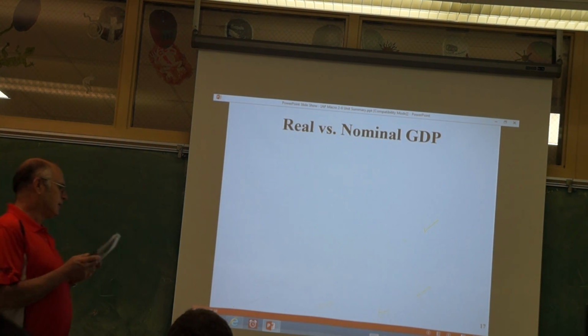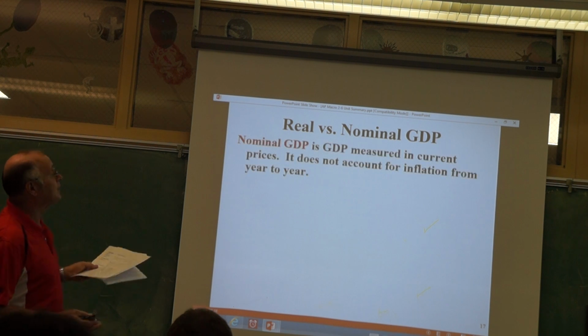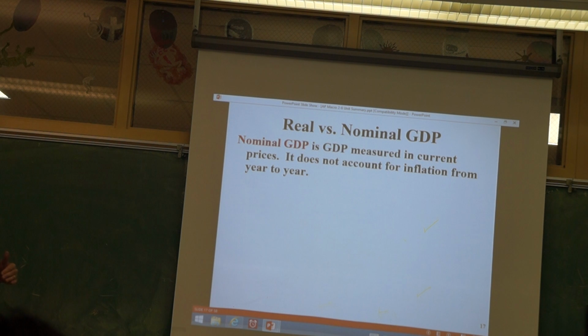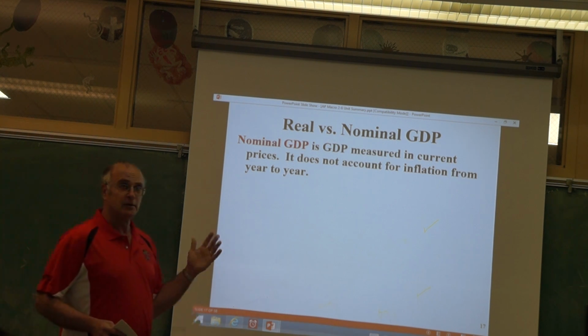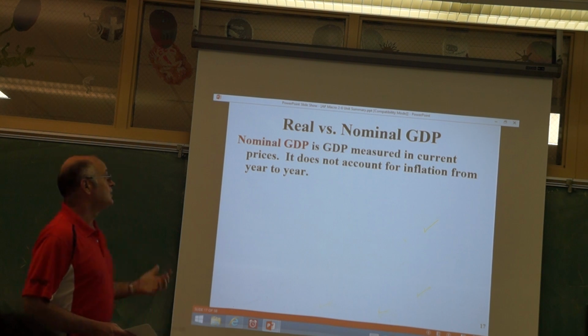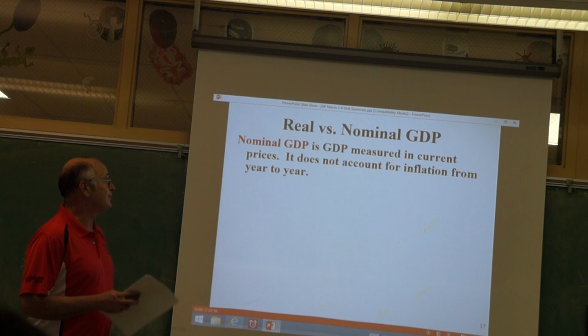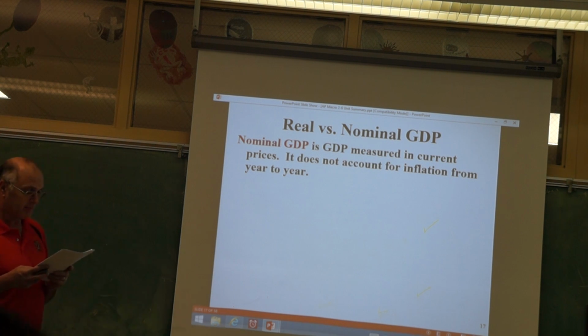So, we're going to go to nominal versus real. Nominal is GDP measured in current prices. It does not account for inflation, like we just did in this last example. So it's GDP measured in current prices, which does not account for inflation from year to year.